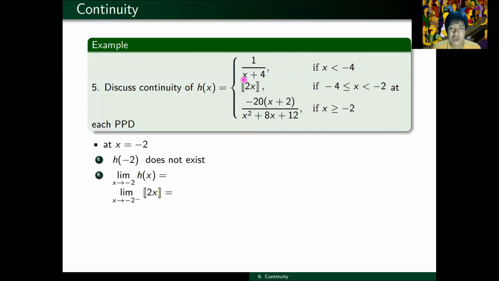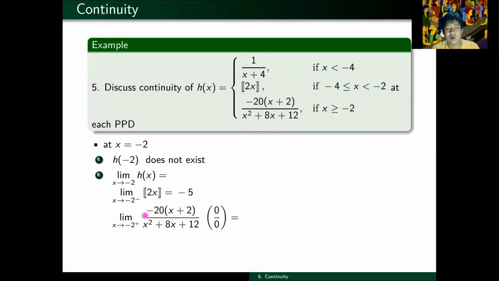Limit from the left, I use this function, GIF ng 2x. And if you check, you'll get negative 5 as your limit. Next, limit from the right, I use this function instead. Sabi natin, if you try to plug in negative 2, yung baba magsi-0. Yung taas, may x plus 2 ka dyan, so magsi-0 din yan.